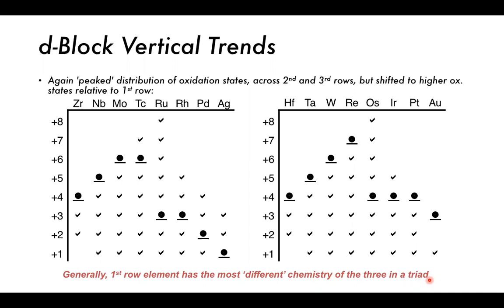Whereas the first is usually the most significantly different. And it's mostly because of adding those f orbitals. So going from the first row to the second row, you add 7 f orbitals. But then from the second to the third, you just have the same f orbitals. You're not adding a new class of orbital.